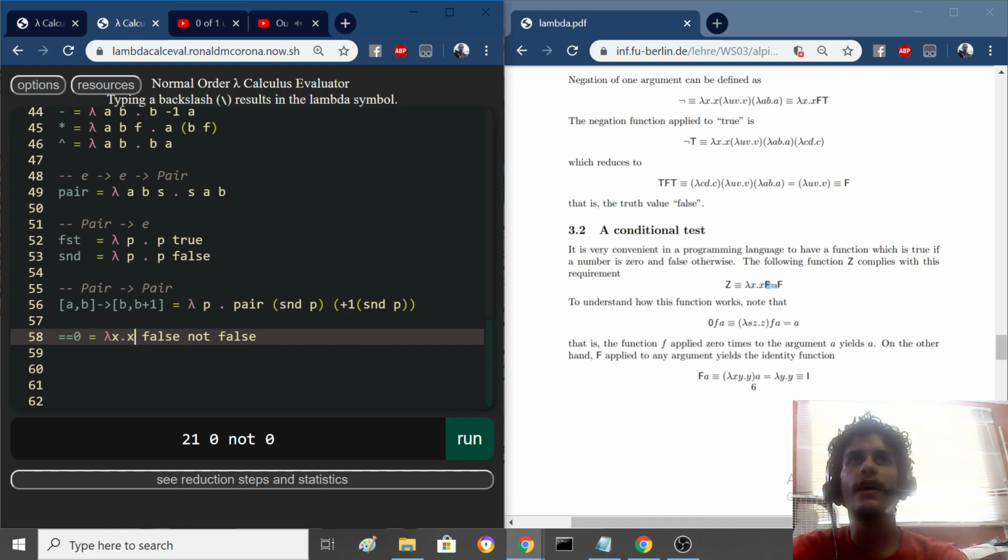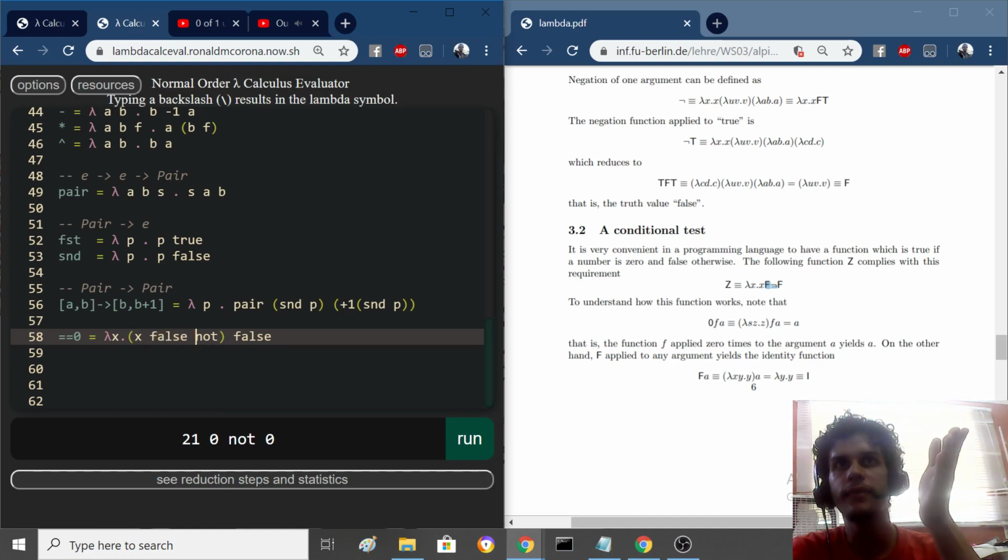Now how about if it's not 0? Then we still look inside these parentheses, because x only takes 2 inputs. So let's worry about what it does with these 2 inputs for now. If it is some sort of number, it's going to apply the function false some number of times to not.